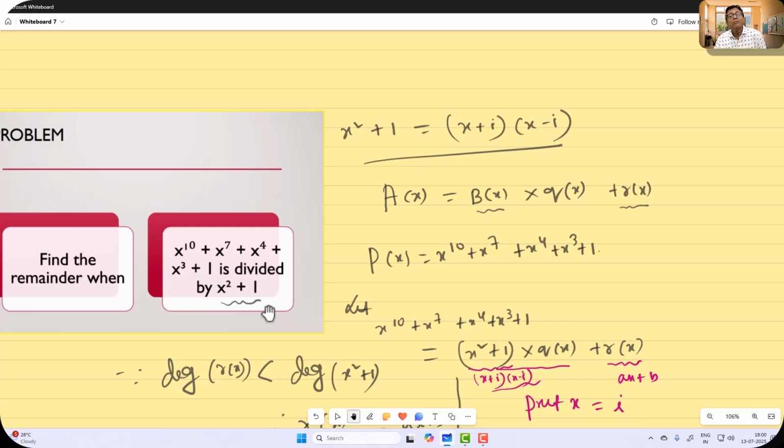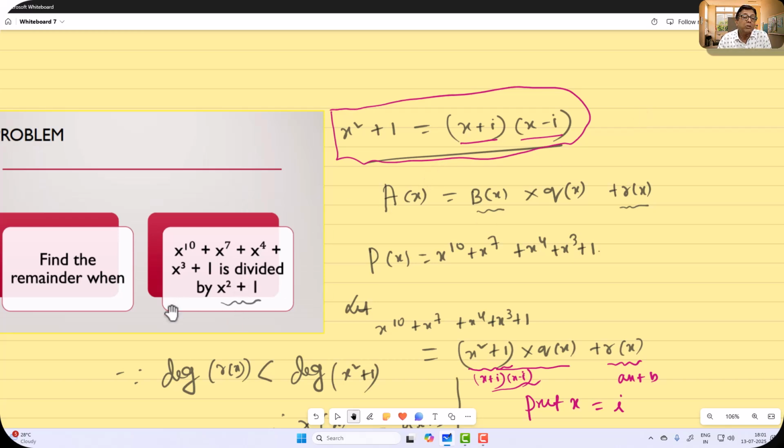But here x square plus 1 is not going to be a factor of this. Today also I have done it with you, it has two factors, x plus i and x minus i. Okay.